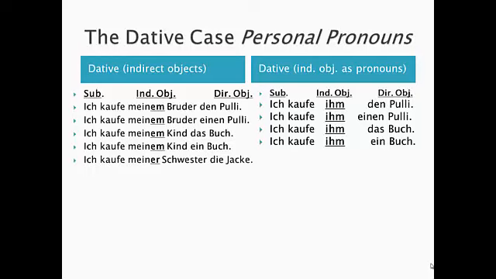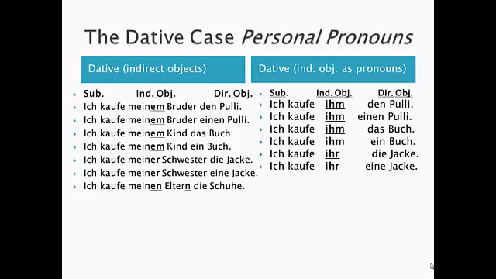Ich kaufe meiner Schwester die Jacke, which will be ich kaufe ihr die Jacke, when we use the pronoun. Okay, and now for a plural, ich kaufe meinen Eltern die Schuhe, ich kaufe ihnen die Schuhe. So you see, this is rather simple, just plugging in the dative pronoun to replace the full word. There's one thing to keep in mind, however.